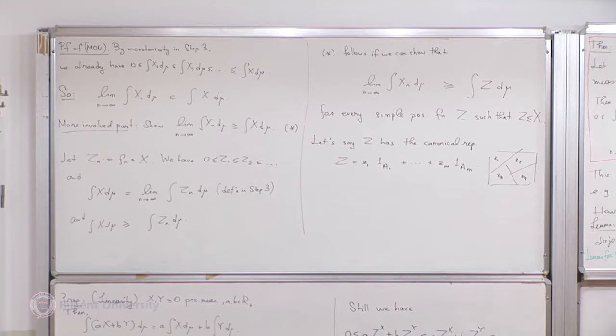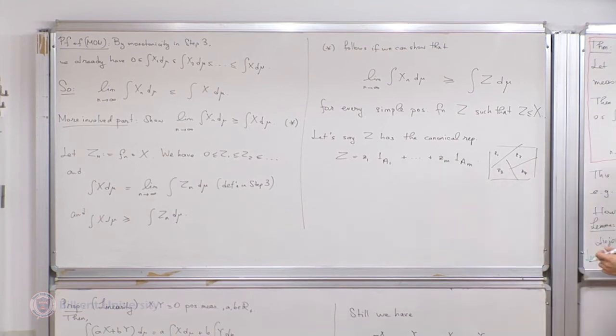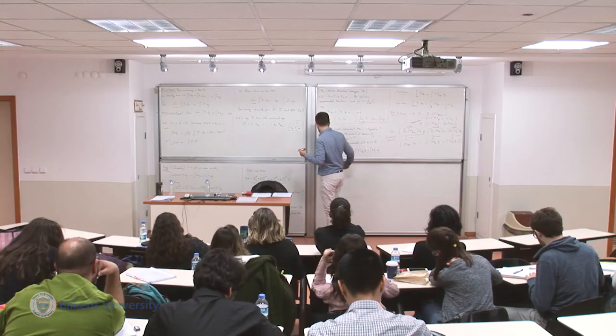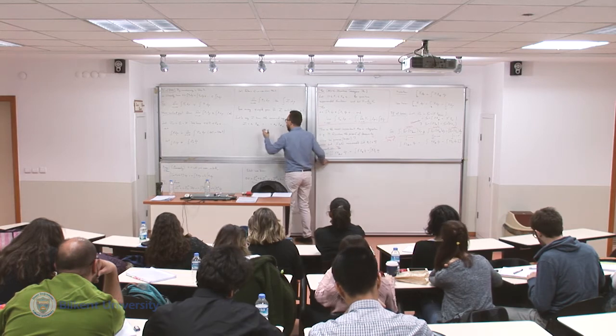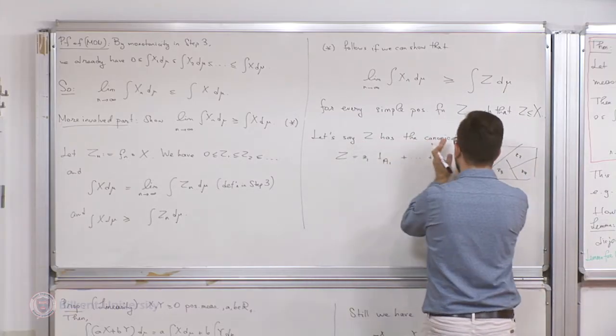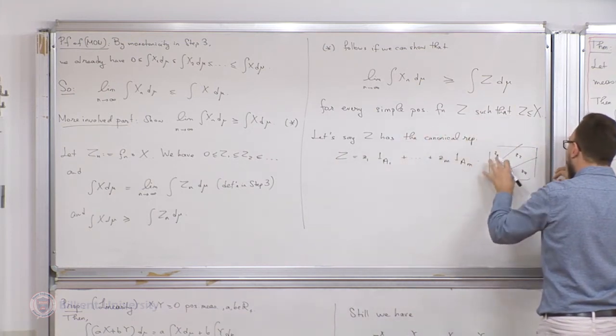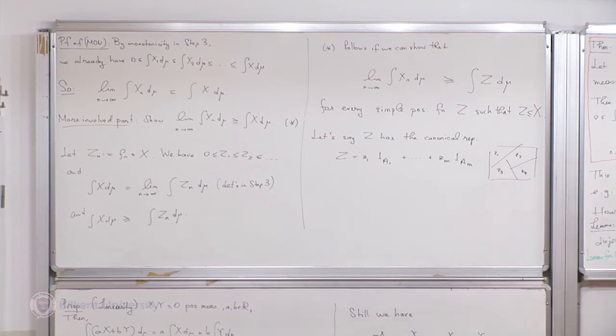So in particular, A1 to Am are measurable disjoint sets whose union gives us omega. This way of decomposing Z into disjoint regions should remind us of our lemma.